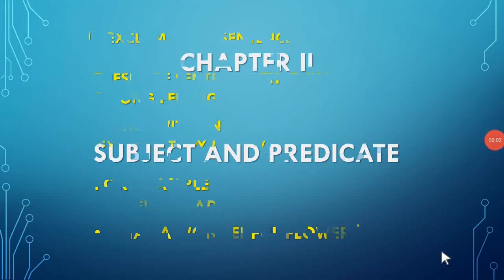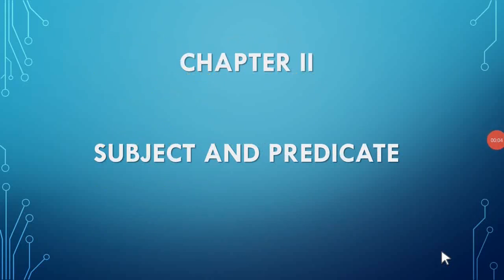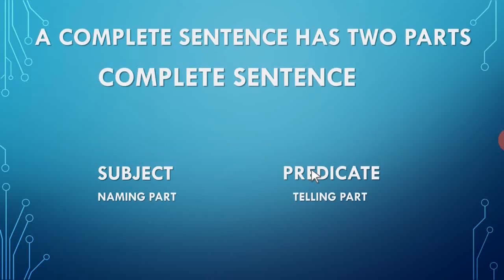Now, let us come to the next part of the chapter, that is subject and predicate, children. Till now, we have understood about the kinds of sentence. In this chapter, we are going to study about the parts of a sentence, children. A complete sentence has 2 parts, children.